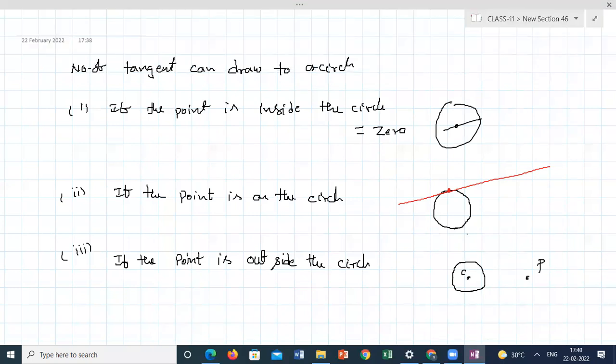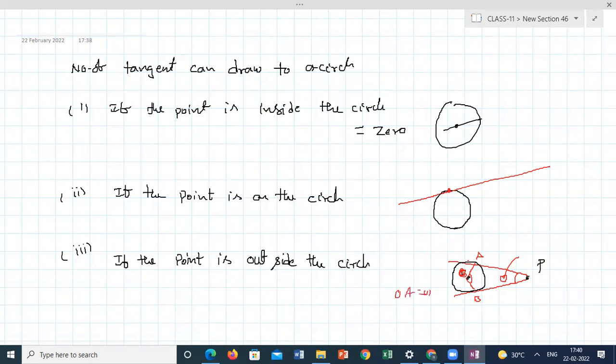It's your wish, however you want to keep in mind. So this is one tangent, this is one tangent. This angle is called the angle between the tangents. Suppose A and B are the contact points. Angle AOB is called the angle subtended at the center.